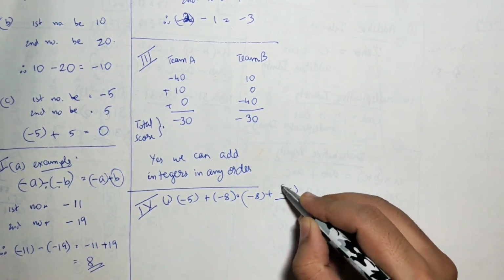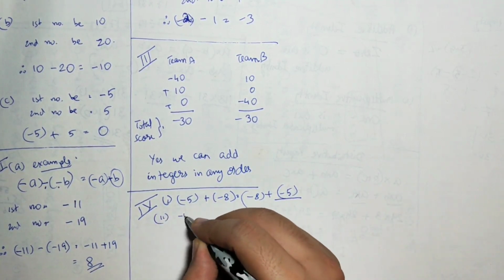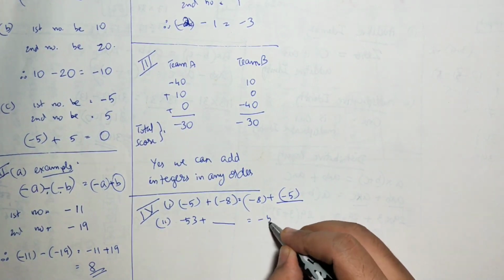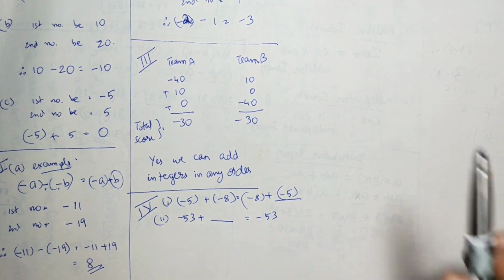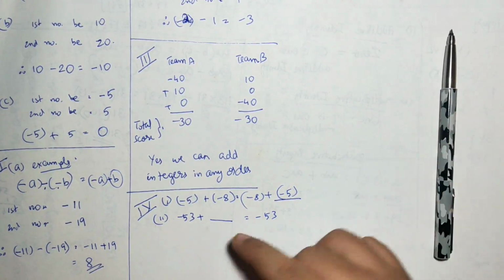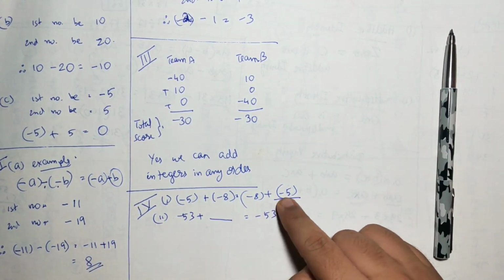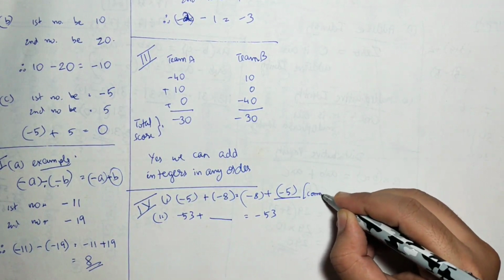Simple answer is -5. Sorry, one thing I forgot to make you remember. Which property is this? -5 plus -8 equals -8 plus -5. Write down in your notebooks, this is commutative property.